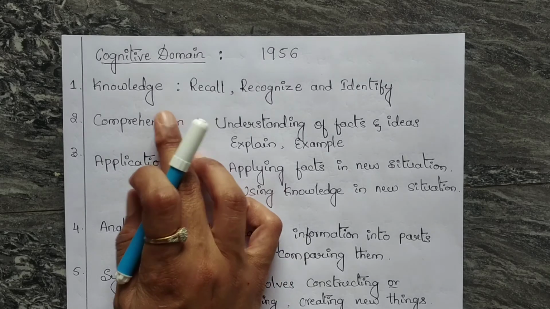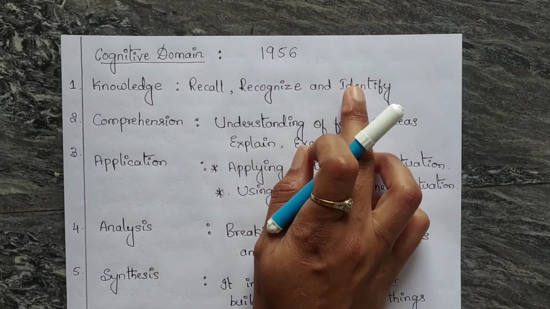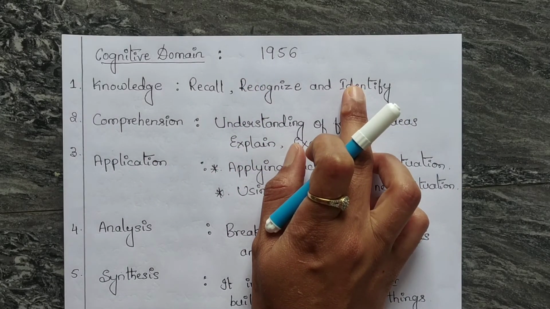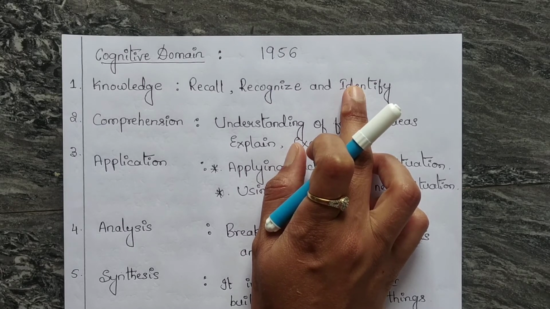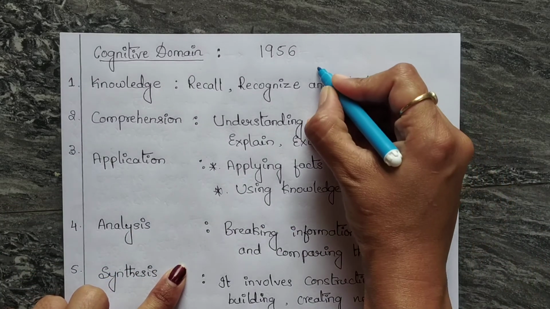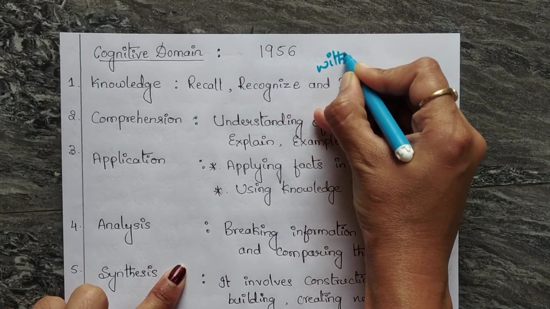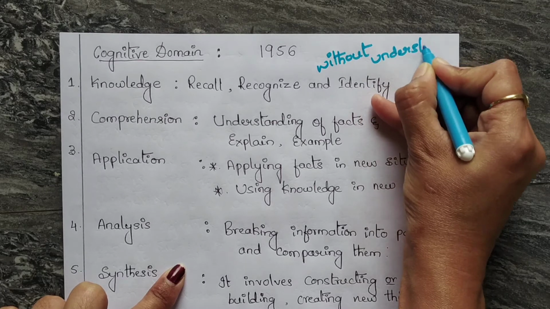Here learners only recall, recognize, and identify; they try to remember basic concepts and answer, but without understanding what they mean. There is no understanding at the knowledge level.